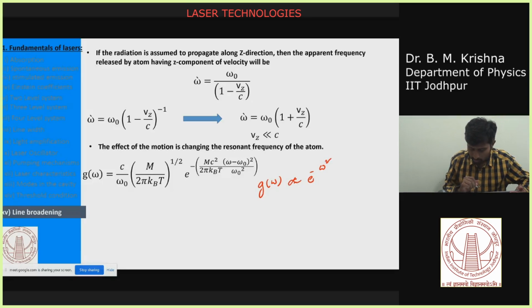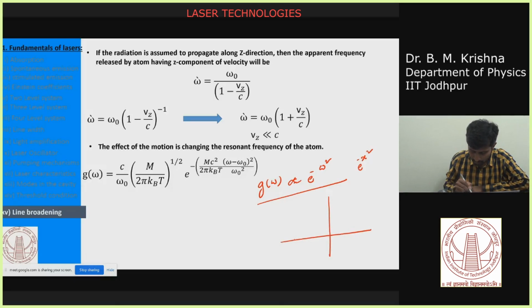So what is the distribution? E power minus x square. If you plot e power minus x square, this will be your Gaussian distribution. The line shape function of the Doppler broadening follows the Gaussian distribution.